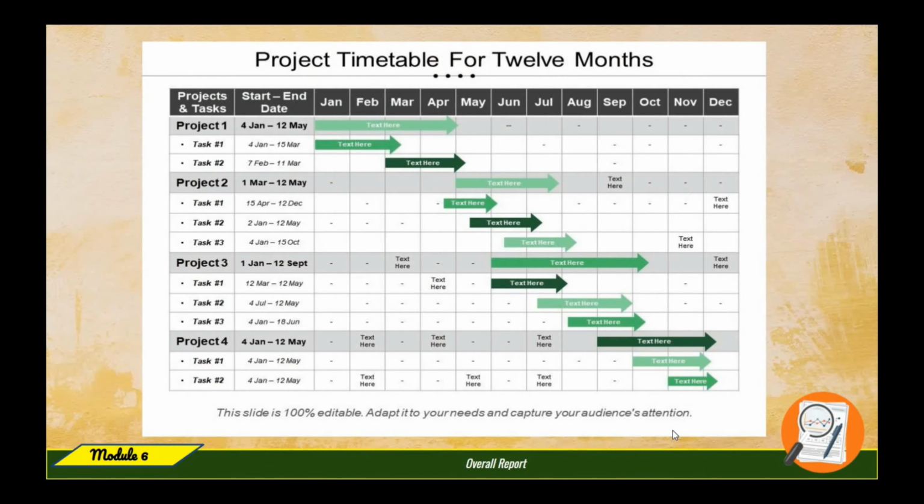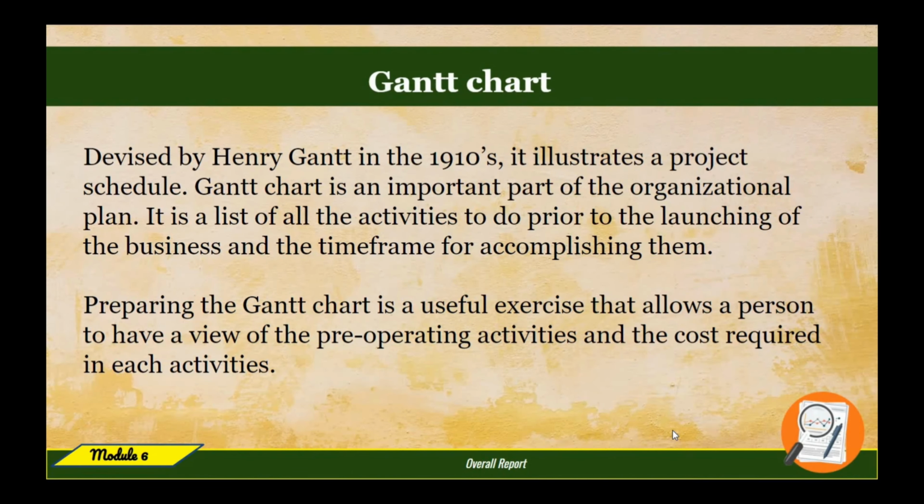Okay, so let us have the Gantt chart. To have an introduction about the Gantt chart, it was devised by Henry Gantt, no? As you can see, kinuha yung Gantt doon sa Gantt chart, doon sa last name ni Henry, which is siya yung gumawa, no. This was in the 1910s. It illustrates a project schedule.